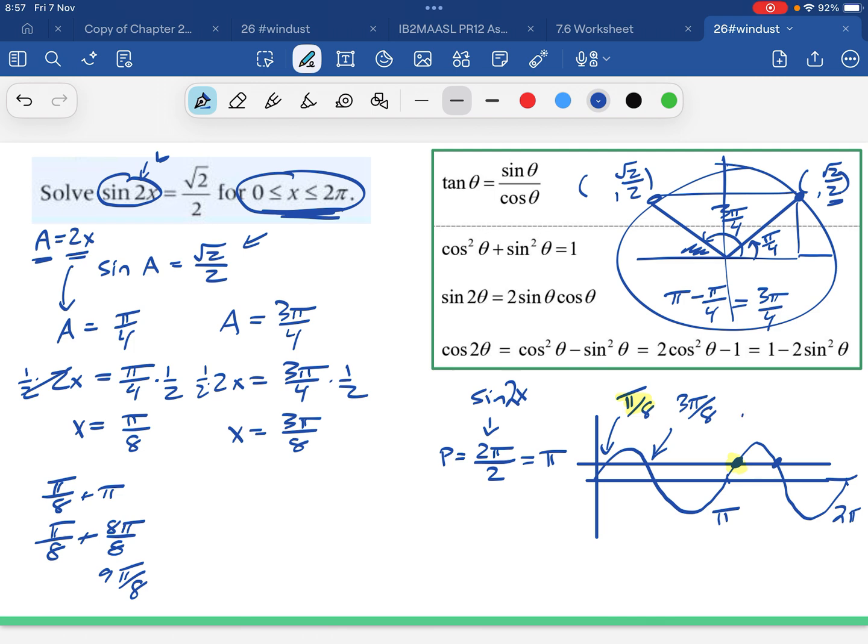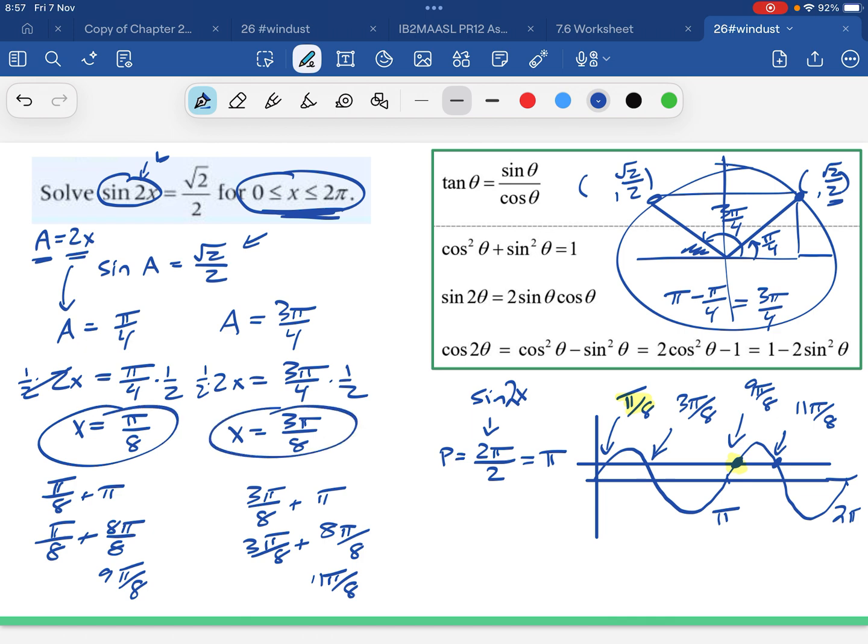That is this solution right here. And what about the last one? I need to add a pi to 3 pi over 8, so 3 pi over 8 plus 8 pi over 8 gives me 11 pi over 8. That would be this last solution right here. So this problem has 4 different solutions: x equals pi over 8, 3 pi over 8, 9 pi over 8, and 11 pi over 8.